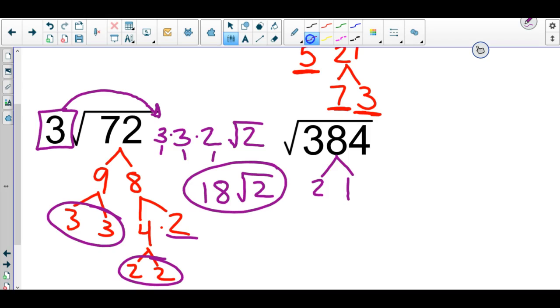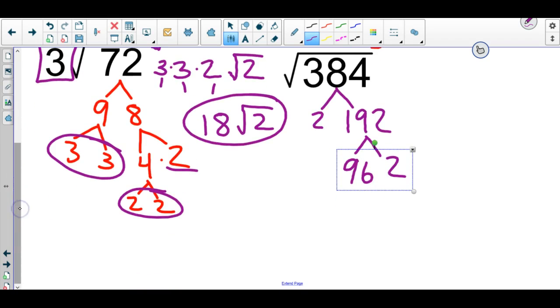This is when the calculator comes in. There we go, 192. Half of 192 is 96 times 2. Half of 96 would be 2 times 48. We're going to have lots of 2's here.